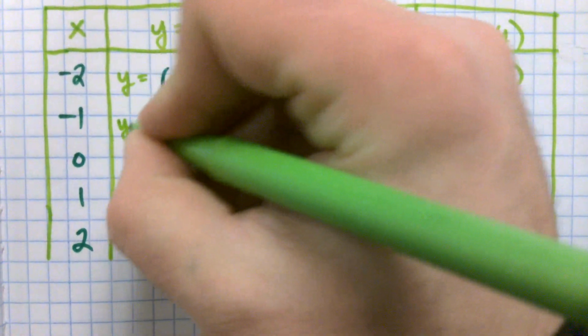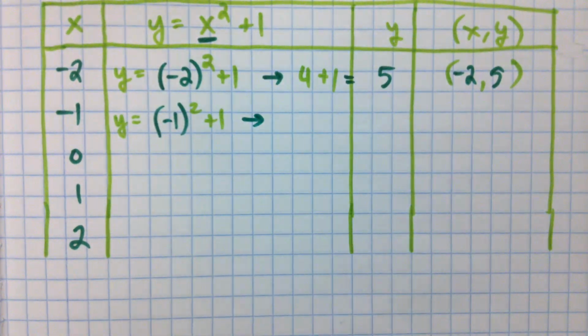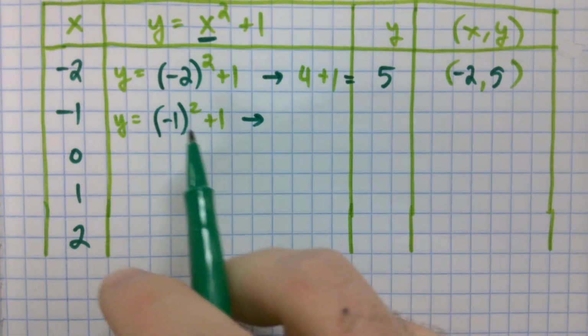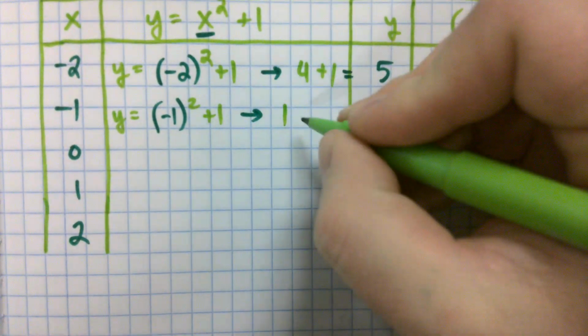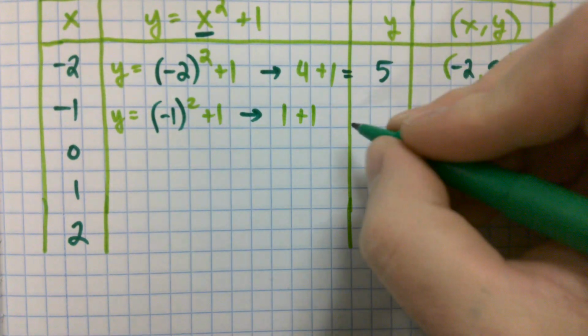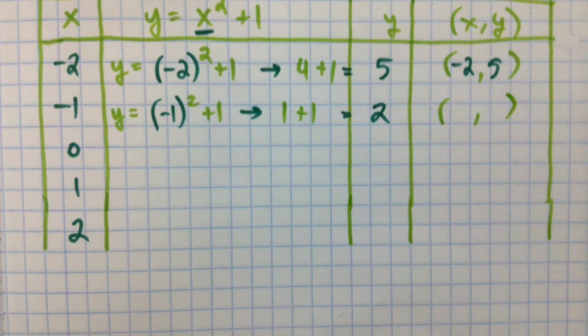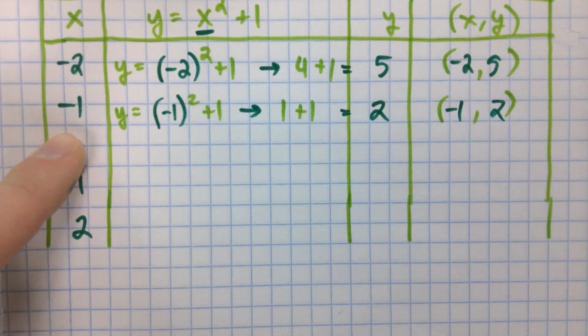If we take the next point, y is equal to negative 1 squared plus 1. Negative 1 times negative 1, what would that be? Positive 1 plus 1 equals 2. My solution, input negative 1, output positive 2.